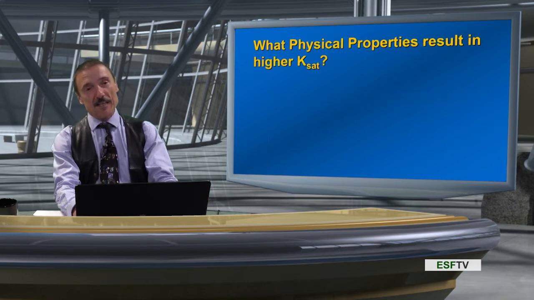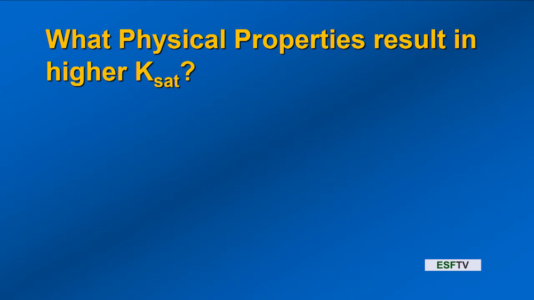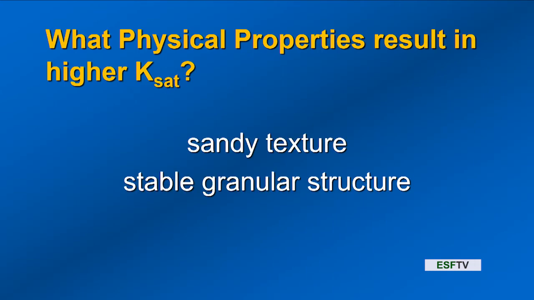So let's think about Ksat. What are the physical properties that would give us a greater Ksat, a higher rate of saturated flow? We would think about the texture and the structure. So a sandy texture with generally large particles and a high proportion of macropores would give us a high Ksat. And stable granular structure.